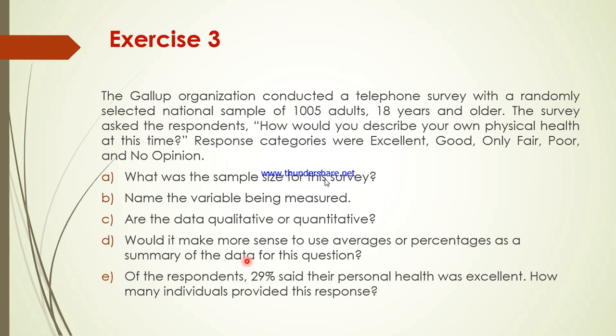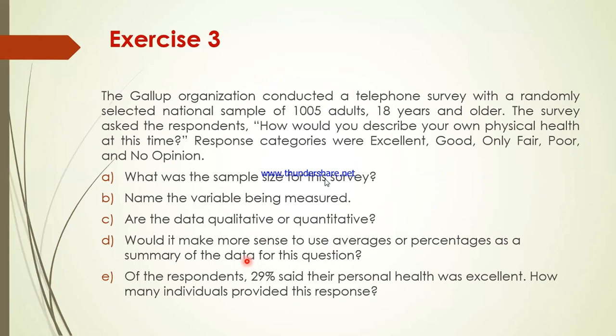Now 1005 adults were surveyed and we have answers as excellent, good, only fair, poor and no opinion. Such kind of 1005 answers we have. Just looking at this raw data, we cannot get any very good insight. So now we want to summarize these 1005 answers.